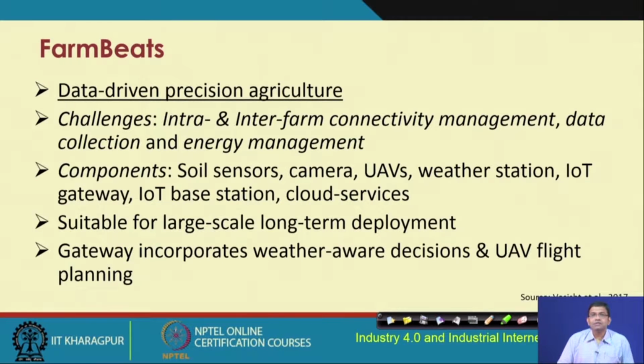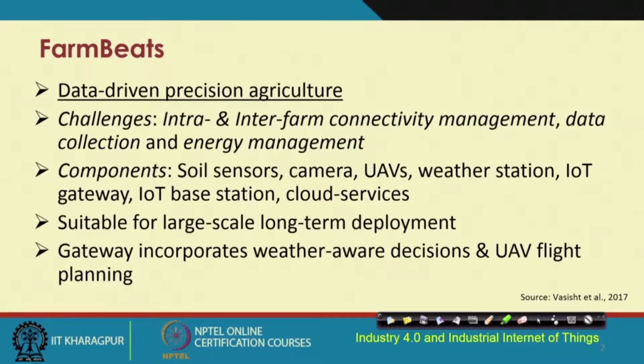Precision agriculture talks about how, through the use of different sensors and autonomous systems, precise decision making can be done for different agricultural problems.